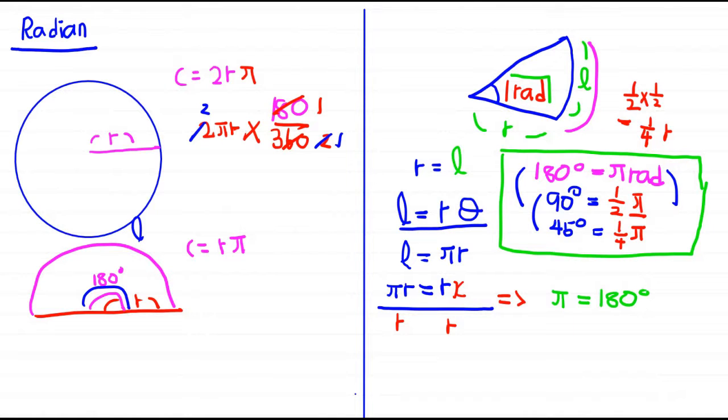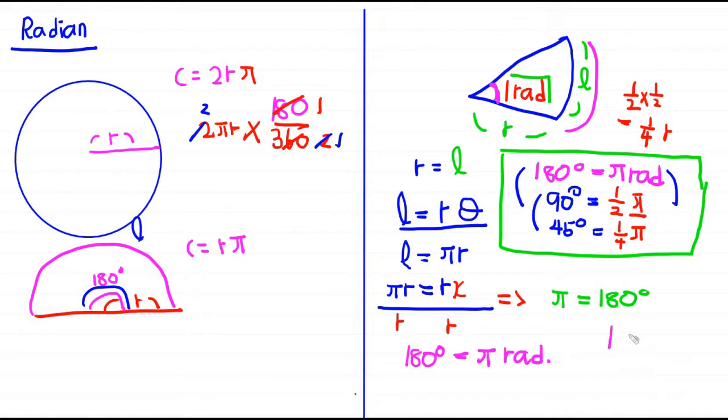The next thing I want to do is, a lot of people are asking me what is the angle of 1 radian. We can find it from 180 degrees equal to pi radians. If we divide by pi, we could find 1 radian.